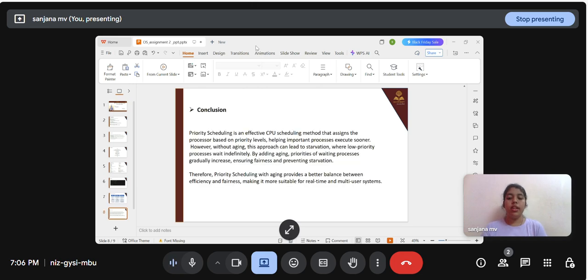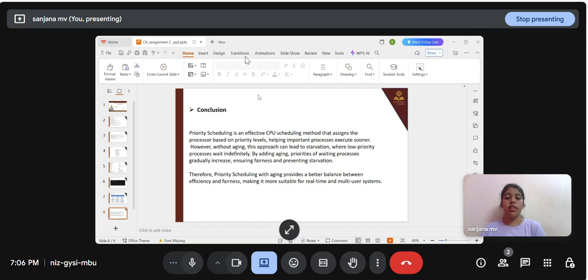Next, coming to the conclusion. To conclude, priority scheduling is widely used in CPU scheduling algorithms because of its responsiveness and ability to prioritize important tasks. However, the major drawback is starvation. Low priority processes may wait indefinitely.